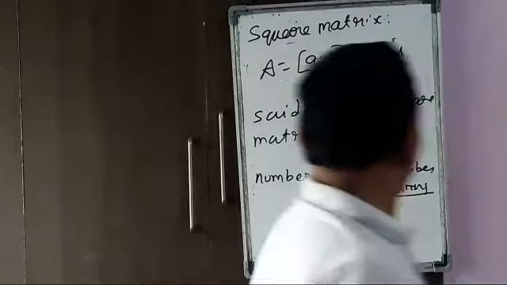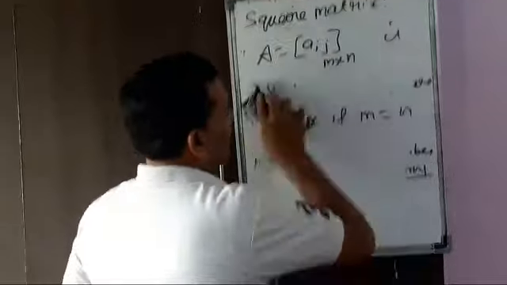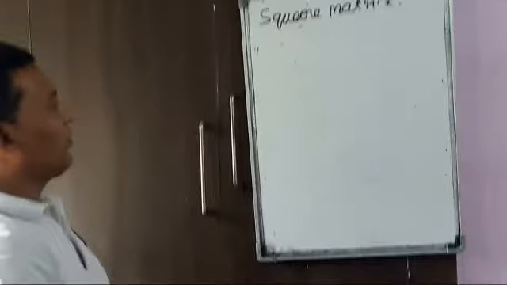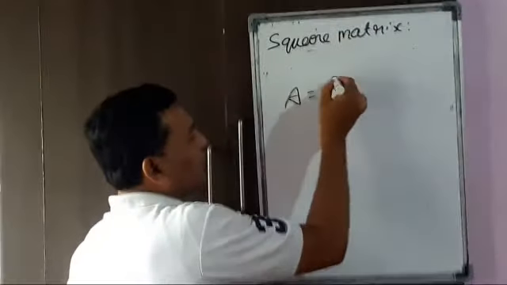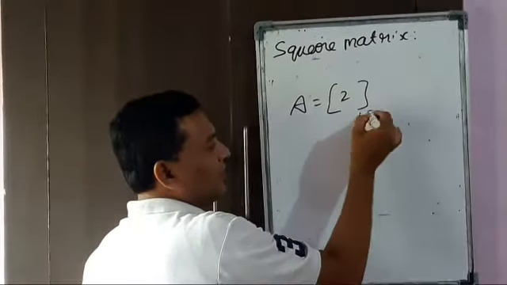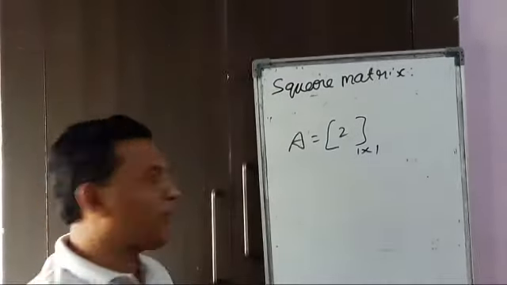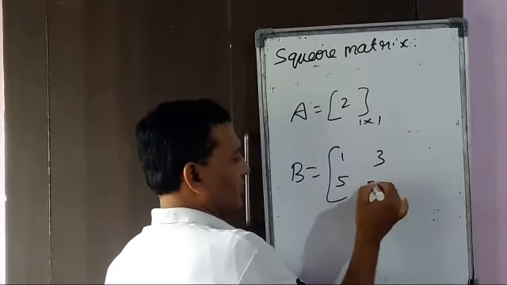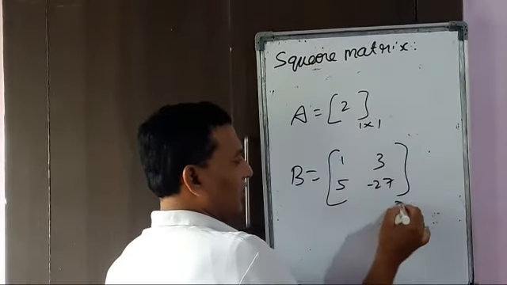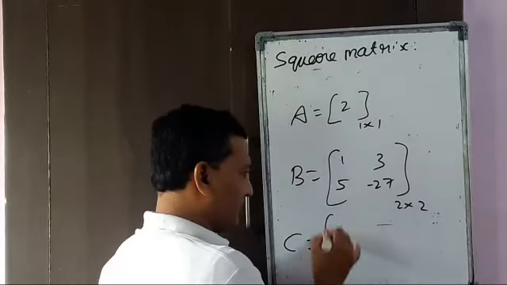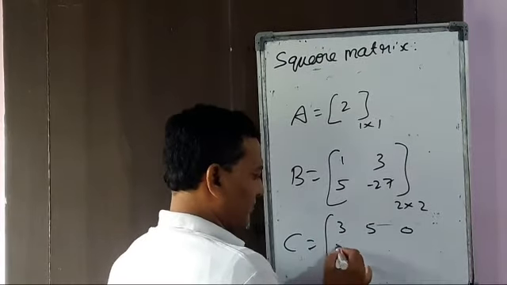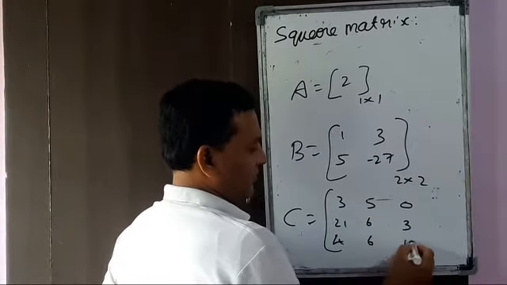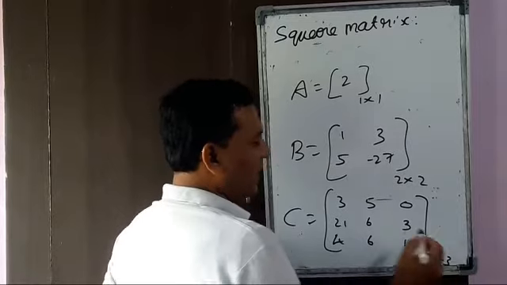So we can see an example for this. That is a square matrix in which the number of rows equals the number of columns. If there is only one element, it is of order 1 cross 1, so this is also a square matrix. Or a matrix of order 2 cross 2, or of order 3 cross 3 and so on.